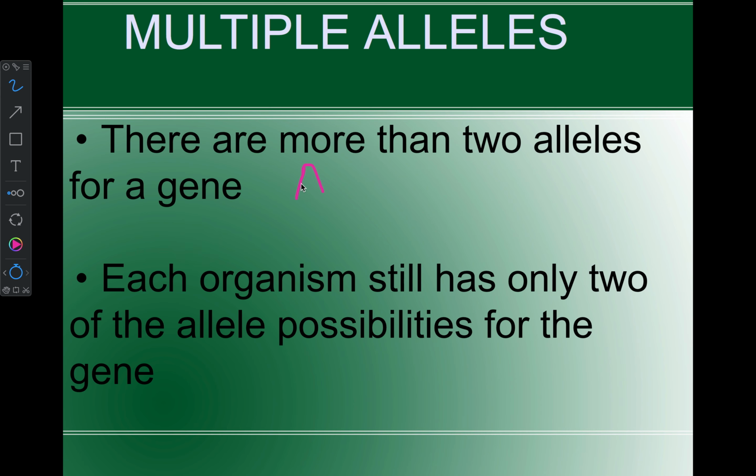Maybe dad gave you capital A and mom gave you lowercase a. Those are two different DNA sequences. And in your body, they come together, right, and create a phenotype of, I don't know, what could your phenotype be? Brown eyes, let's say. Right?